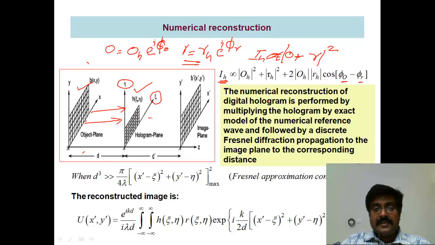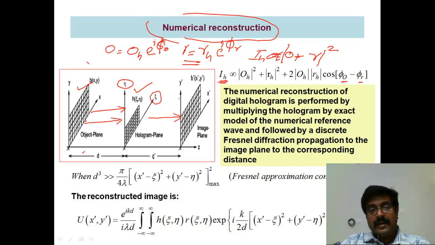So the Fresnel transform of the object function interferes with the reference wave and forms the hologram. And there is a plane, which is the image plane. After numerical reconstruction, we have to go to an image plane, which again involves another Fresnel transform, where you get the reconstructed image from the digital hologram. But here the hologram is a real valued function, while after reconstruction you get a complex image, which is denoted by coordinates x dash and y dash.